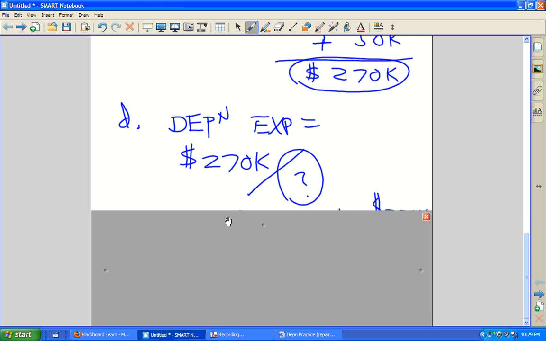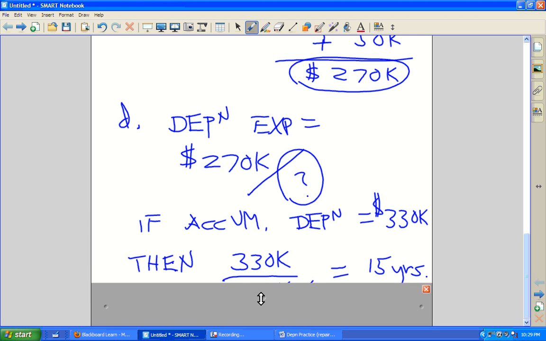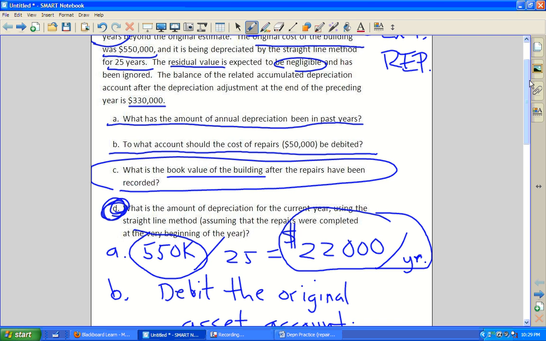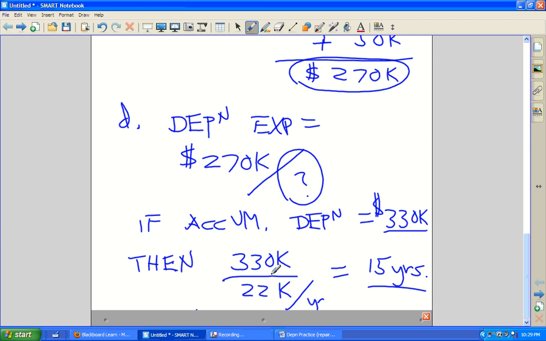Okay, so I've got to look at it this way. If accumulated depreciation was 330,000, as they said, then I need to know that, remember this number, 22,000 per year? I can figure out that 330K, which is in dollars, actually came from 22,000 per year ticking along.